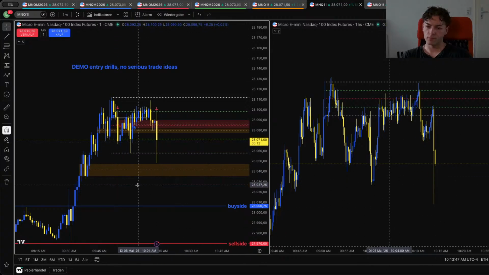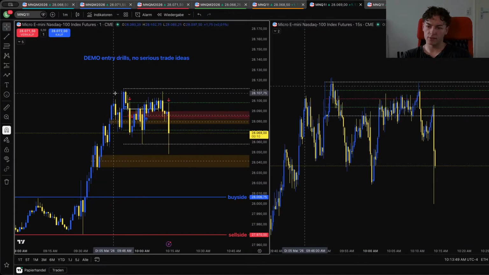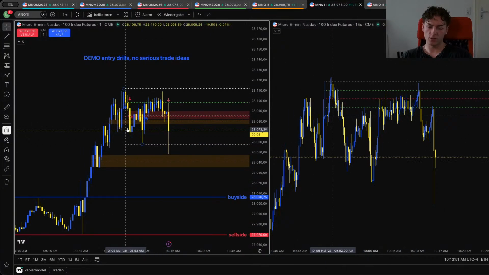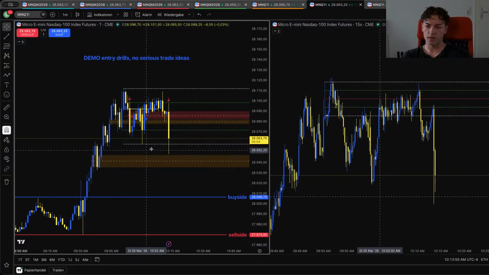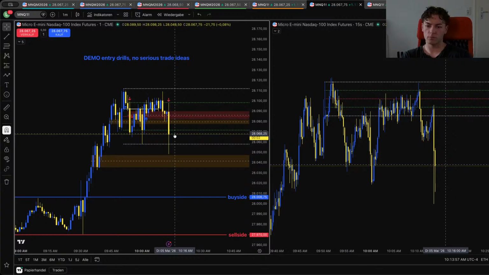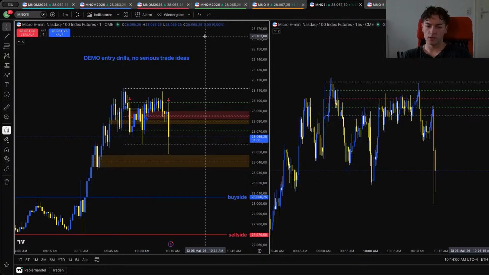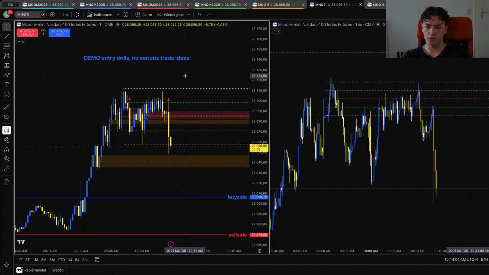Monday is more likely to create a consolidation day. Tuesday or Wednesday, most of the time, takes out Monday lows and continues higher, even going into Thursday.